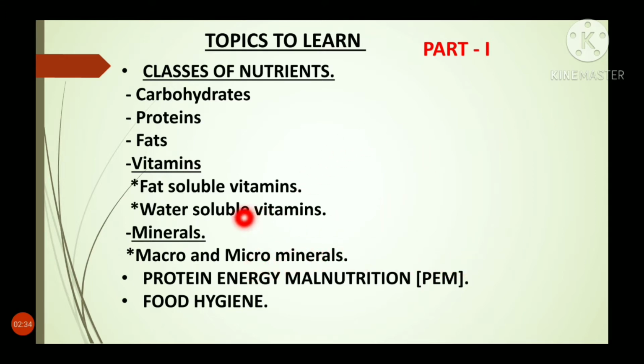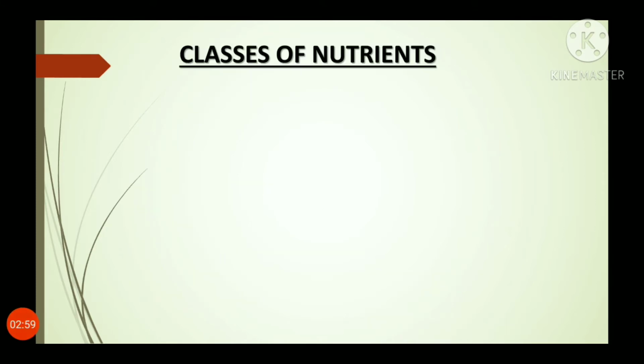These are the topics in part 1 of unit 21, nutrition and health, you are going to study today. So let's start. These topic pages are on page number 247 till 250 in your science textbook.